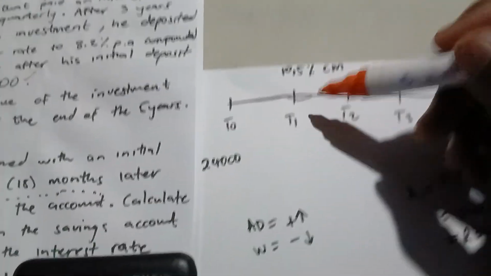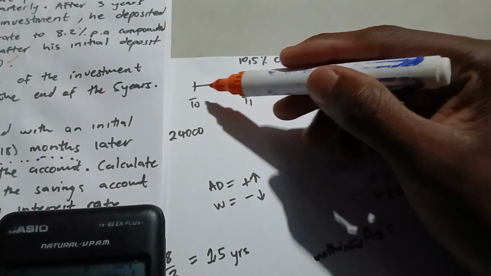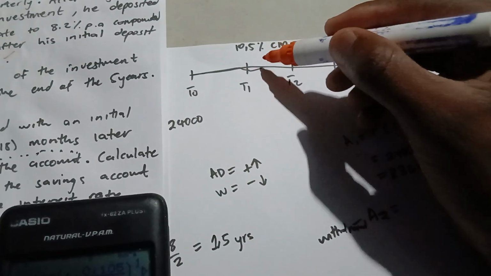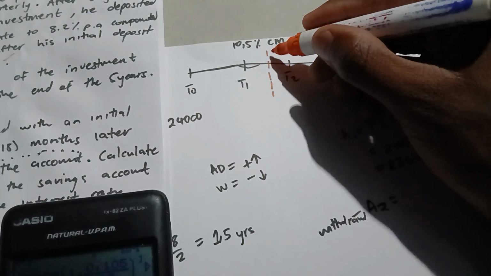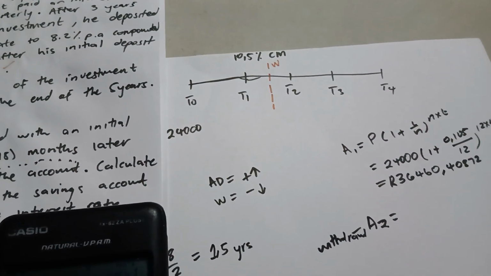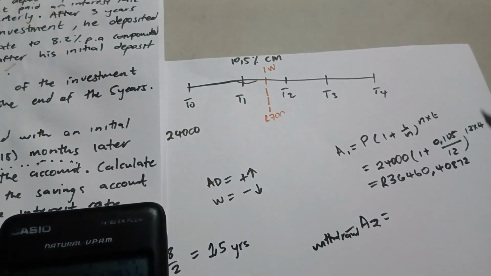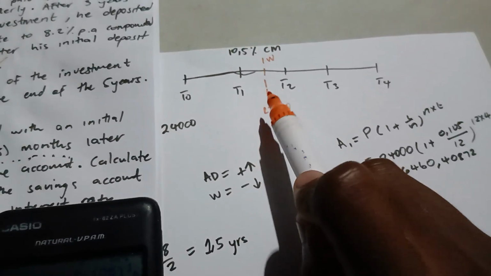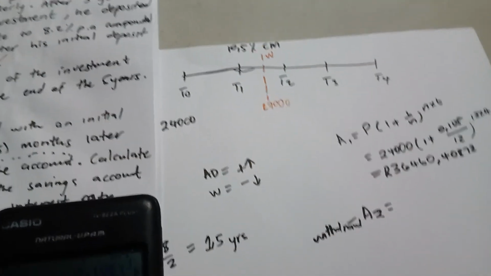So remember now, 18 months later, it's 1.5. Which means it's 1 year, and in between 1 and 2 here was the withdrawal. I'm just going to say W. So now, if I withdrew 7,000 here, the interest for the remaining 2.5 years is now affected.